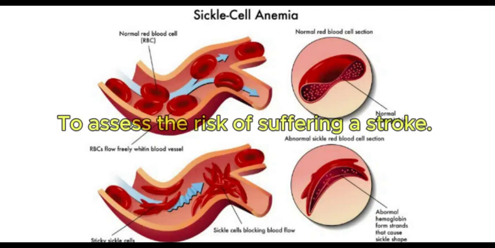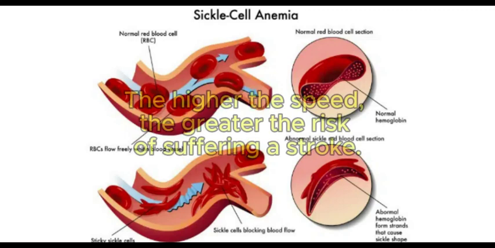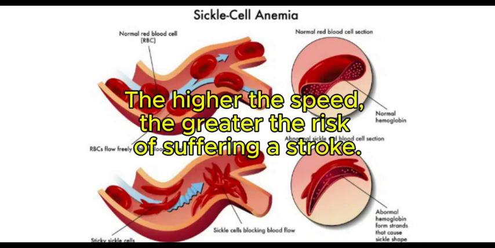In them, the speed of the flow with which the blood circulates is inversely related to the diameter of the vessel. The higher the speed, the greater the risk of suffering a stroke. Preventive treatment with blood transfusion or hydroxyurea may be relevant.